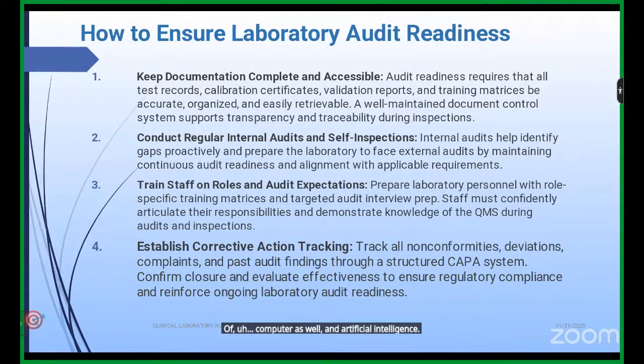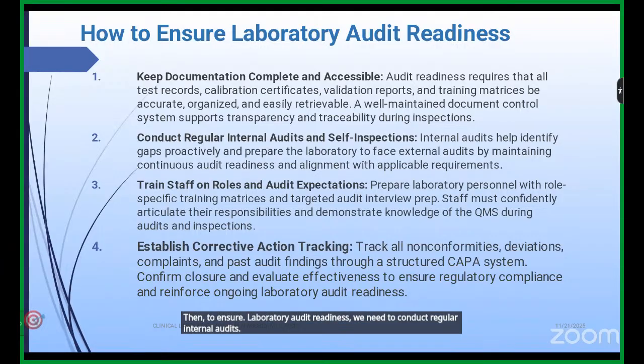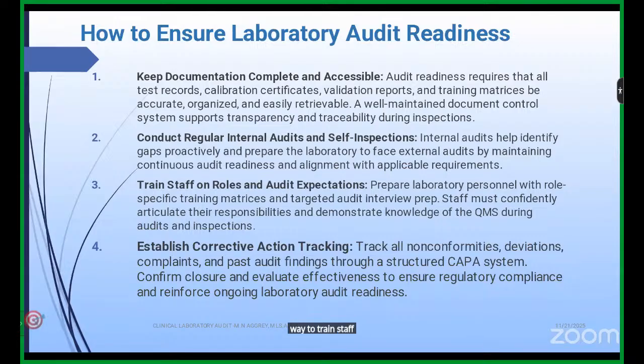Then, to ensure laboratory audit readiness, we need to conduct regular internal audits. We need to train staff on roles and audit expectations. So even as those who are on the ground working in the lab, we should train ourselves on audit processes. And this is what we are learning today.